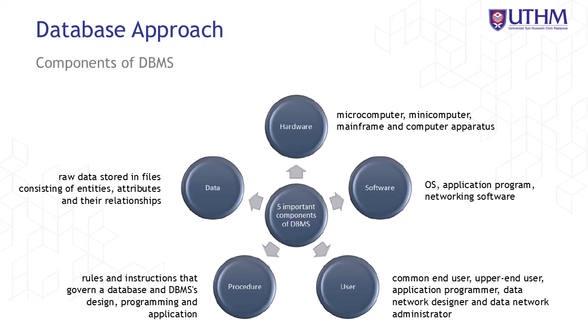Procedures ensure the system operates effectively and securely, covering aspects like backups, recovery, and database maintenance. Data is the most critical component, as the data itself consists of raw facts stored, organized, and manipulated in the database. A DBMS allows for efficient management and retrieval of this data.